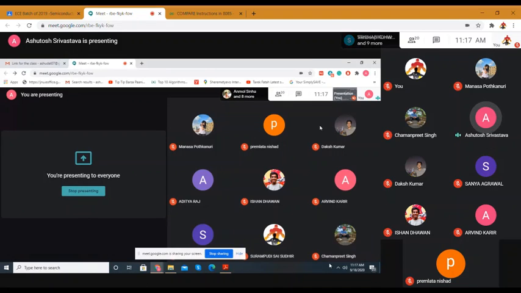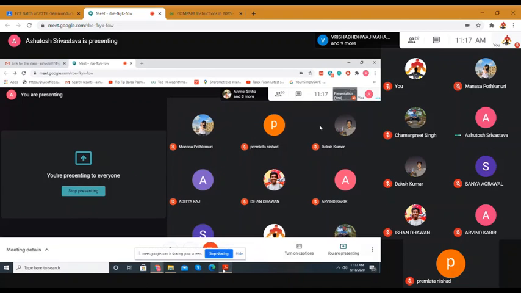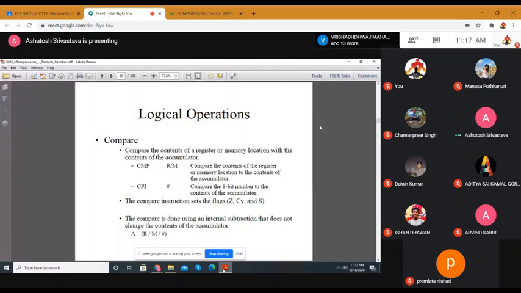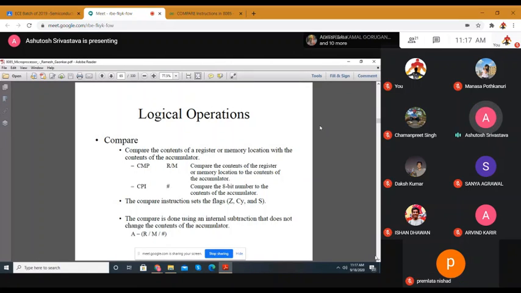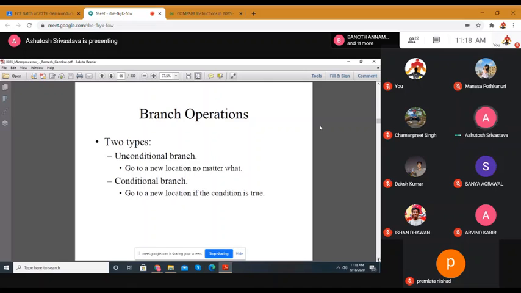Is that clear? The compare is done using an internal subtraction that doesn't change the contents of the accumulator. So it is generally used when you are doing some kind of sorting, whether it's bubble sorting or any other types of sorting.